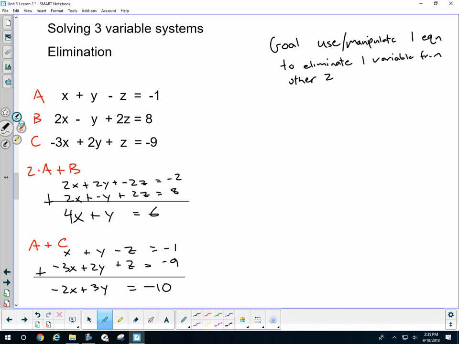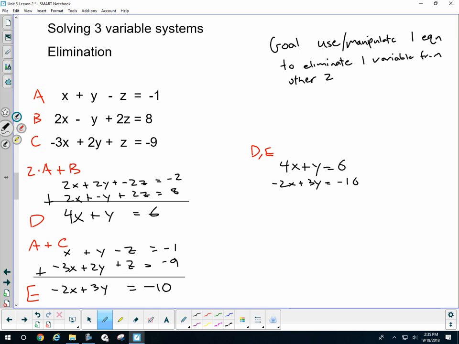What we've created is just two new equations. I'll call this D and E. And we can look at D and E together. We got 4x plus y is equal to 6, and we have -2x plus 3y is equal to -10. It's a system with two equations and two unknowns.